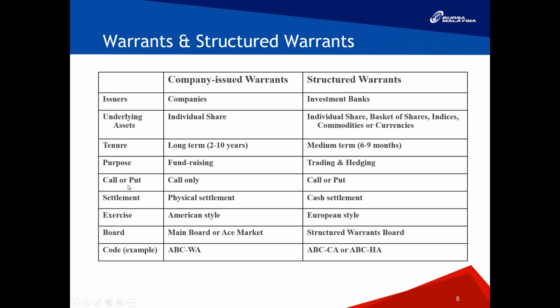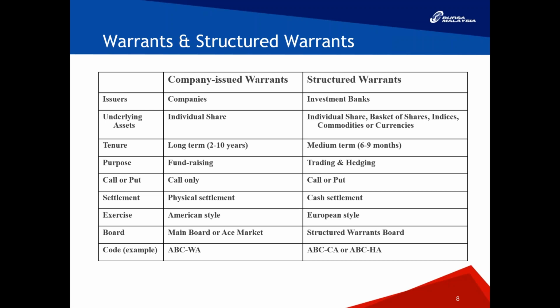And they're mostly call warrants, meaning to say that it gives you the rights to subscribe for shares. So no company is going to issue put warrants. That will just simply say that I expect my share price to go down, so that won't happen.